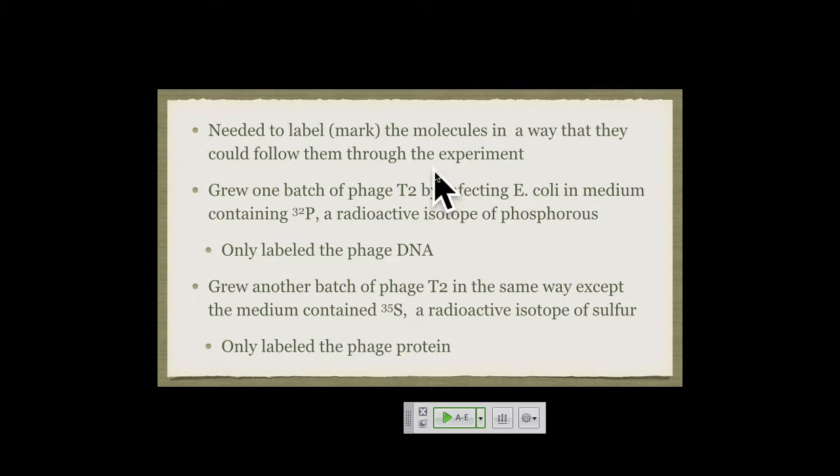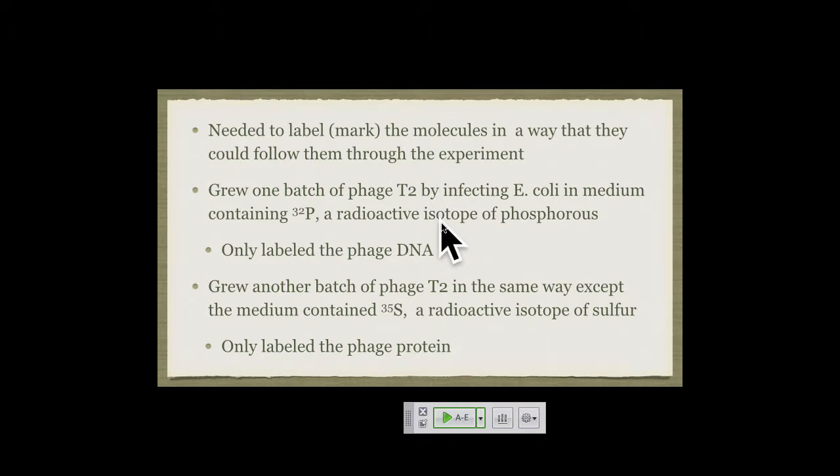So they designed this experiment, and as I said before, at that time and up until maybe 10, 15 years ago, radioisotopes, radioactivity was used to label these molecules so that we could follow them through the experiment.